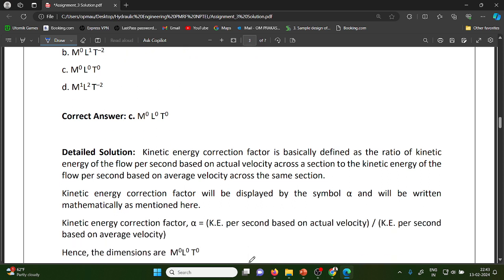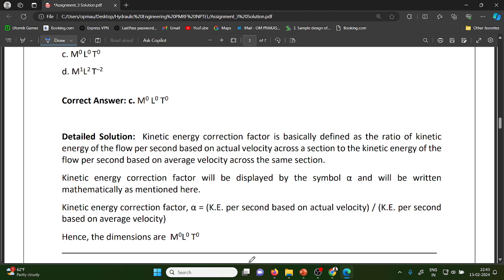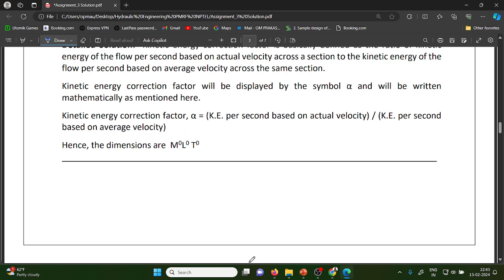We will go through the detailed things. Alpha is nothing but the kinetic energy per second based on actual velocity divided by kinetic energy per second based on average velocity. So both the numerator and the denominator are energy, so the times cancel out.